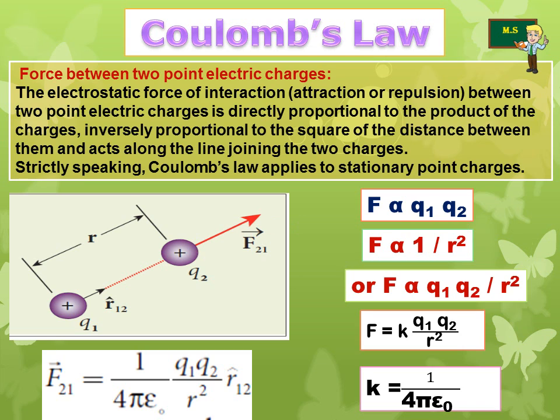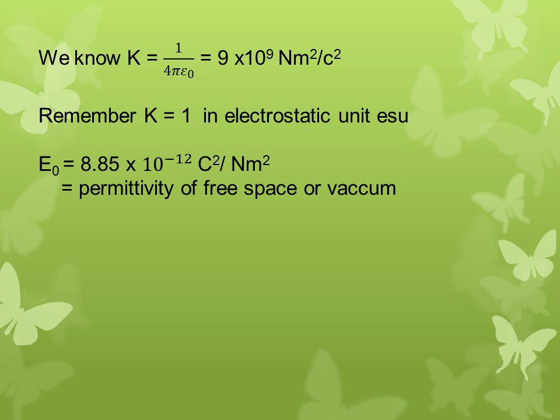Strictly speaking, Coulomb's law applies to stationary point charges. We are going to see what we mean by stationary point charges in our next slides. As we know, K is equal to 1 by 4 pi epsilon naught, which is 9 into 10 to the power 9 Newton meter square per Coulomb square.